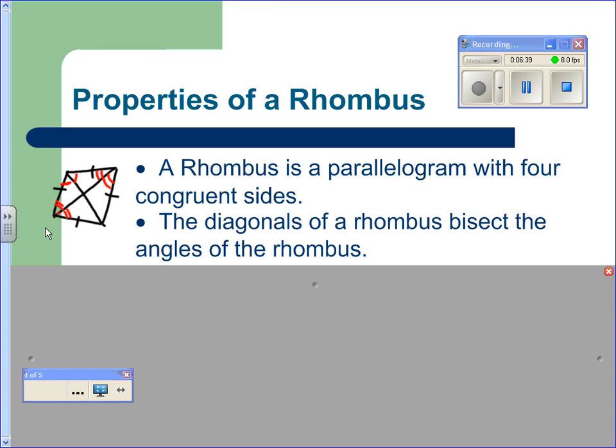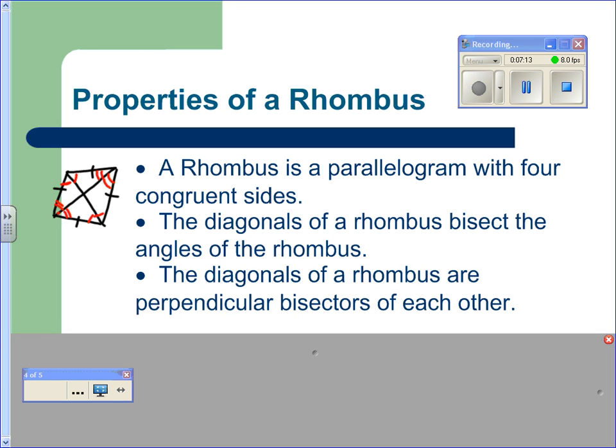These are each 25, and these are each 25. What does bisect mean? If these two angles are equal, what do these two have to be? And those four all equal each other. Yes. Any questions on the angles being bisected by the diagonals?